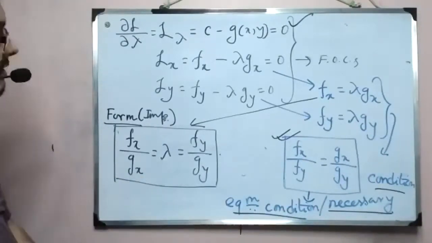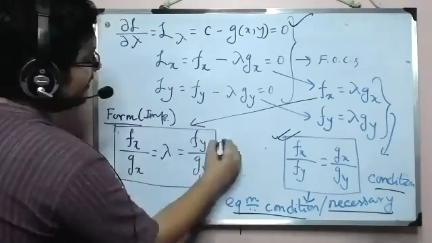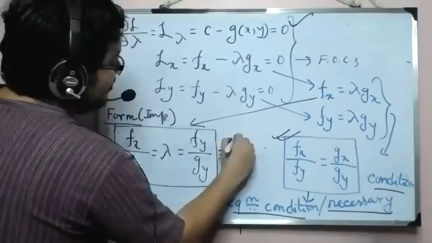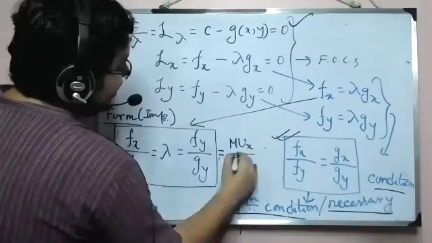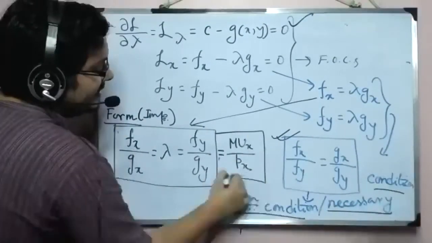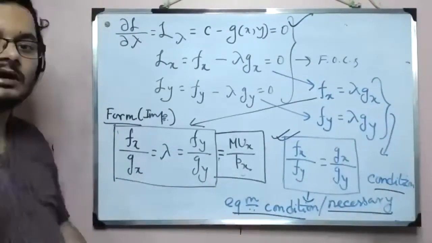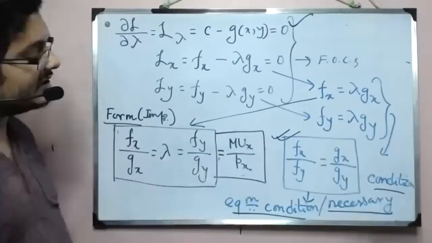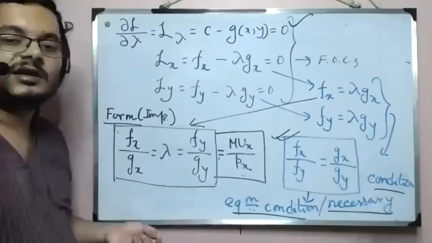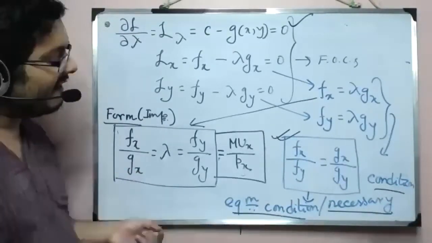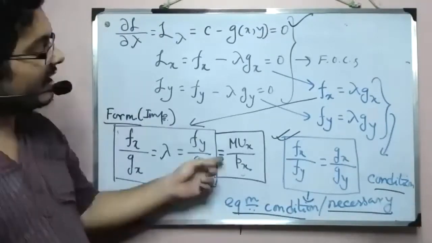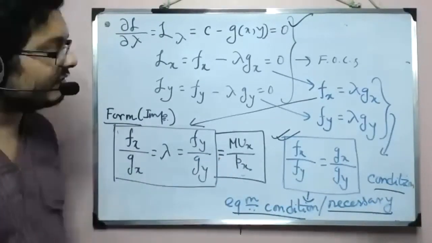I'll just mention that the consumer behavior counterpart result here is this: it will give you mu x by px. Now this counterpart gives us a very important thing. It says how much marginal utility you are getting at each unit of price.